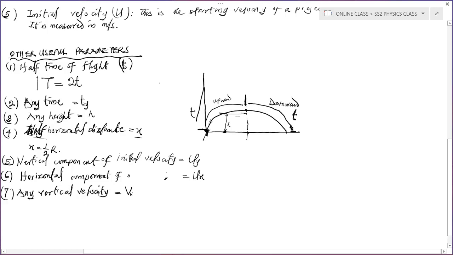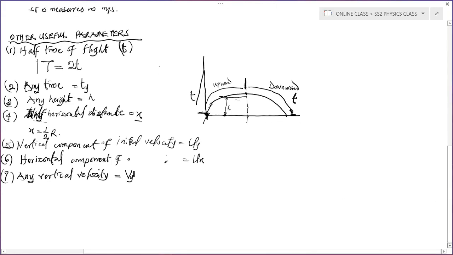We call it Vy. Now, these are the things that make up what projectile is called projectile. Now here, we want to discuss more on this, delve into the equation of projectile, how they come about the equation of projectile. Those are the things we are going to discuss.